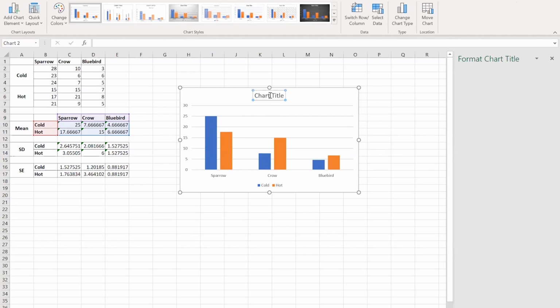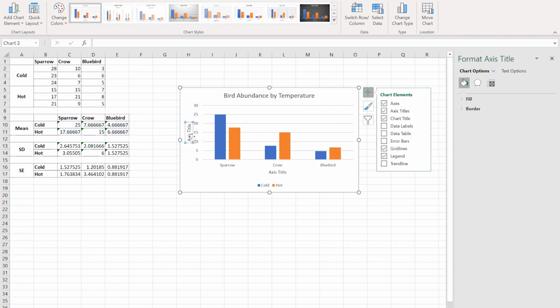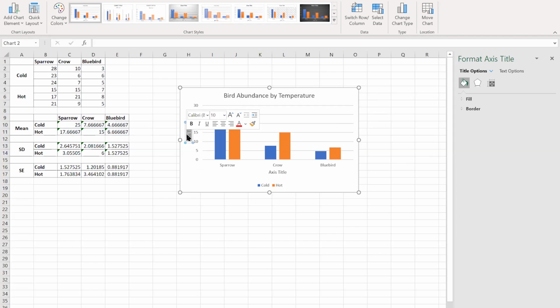We can change the title to bird abundance by temperature. We can also add axis labels. See, mean abundance and bird species.